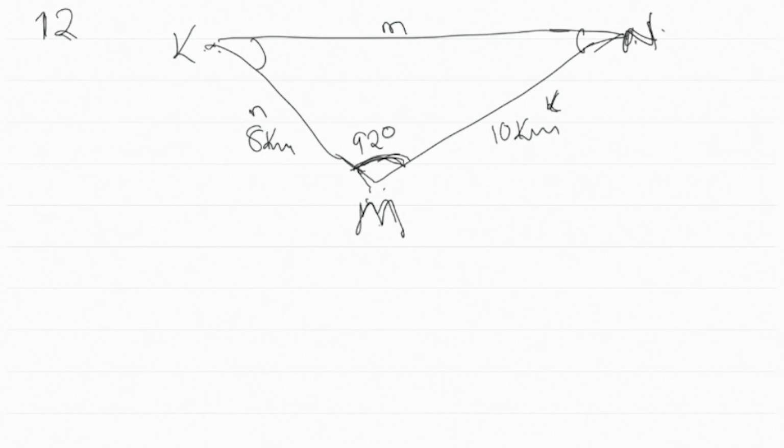And so we have been asked to find KN. KN, according to the diagram, is m.